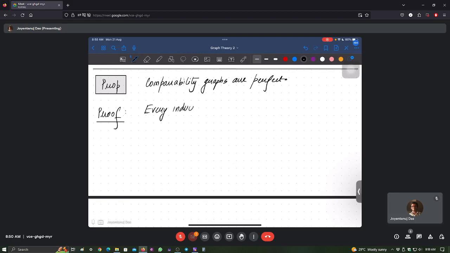Every induced subgraph of a transitive digraph is transitive. So the class of comparability graphs is hereditary.